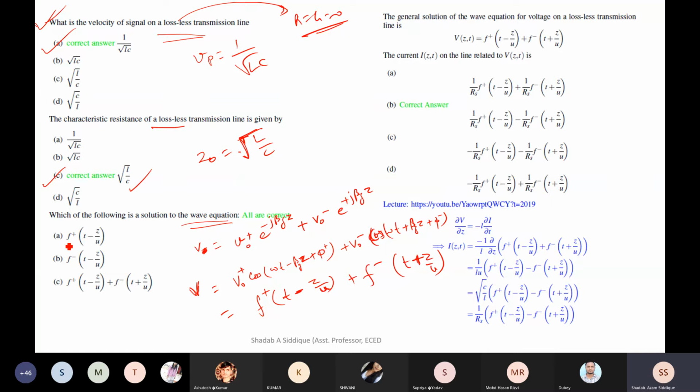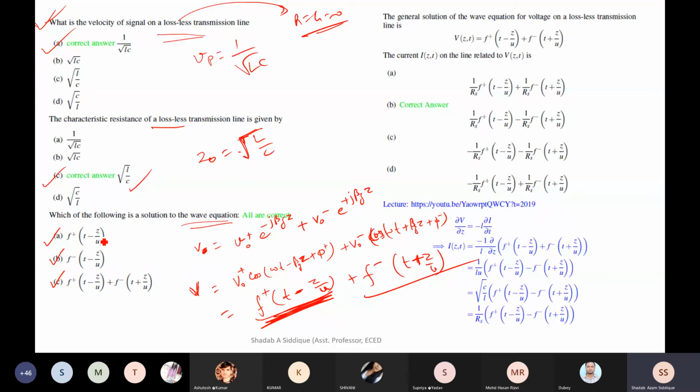So this is also a possible wave equation, a possible solution. At one side, the wave travels in only one direction, and this one also travels in only one direction. You can combine both, so the wave is traveling and also reflecting back.